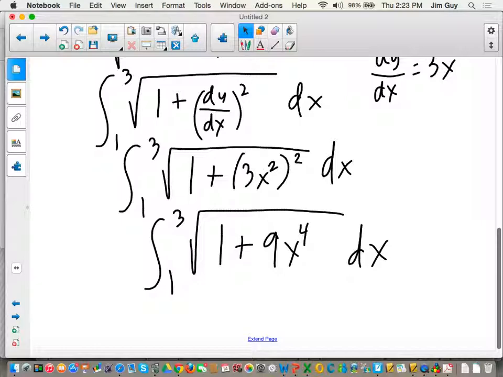Don't do this, for my own personal health and sanity. The square root of 1 plus 9x to the fourth is not equal to 1 plus 3x squared, okay? You cannot take the square root of each of those separately because of that addition sign there. So please, please remember that.